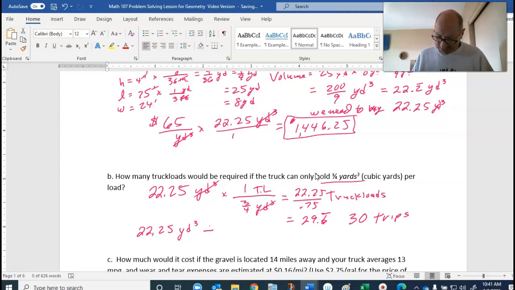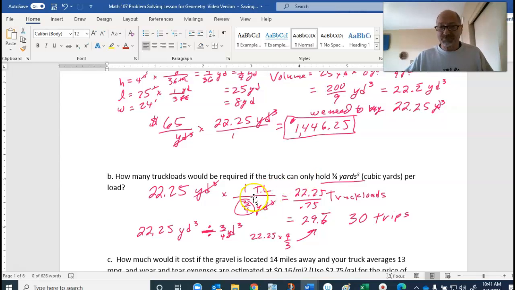Basically, you're subtracting 3/4 of a cubic yard time after time. So repeated subtraction is a division. So you could have just divided by 3/4, or multiplied 22.25 times 4/3, which is the same thing. Both cases give you 29.6 repeating.